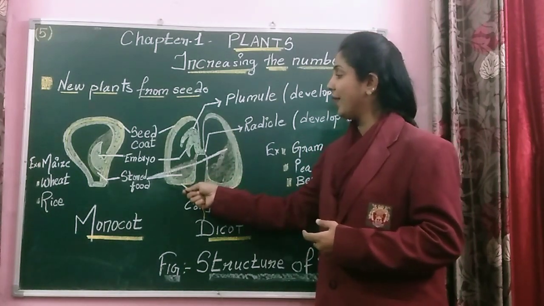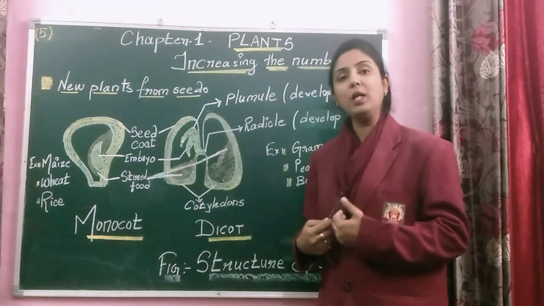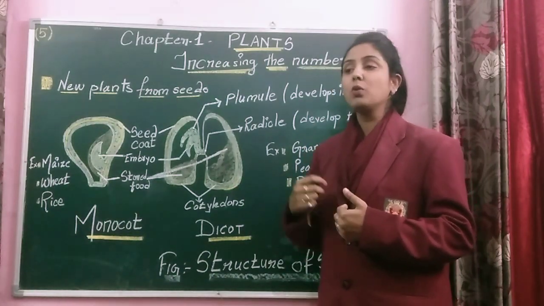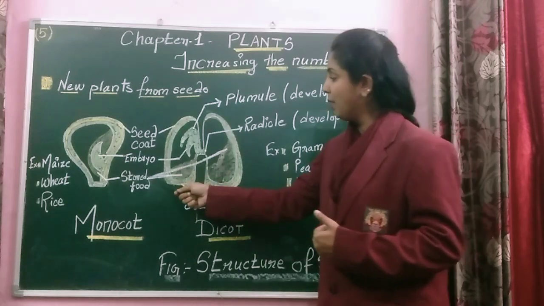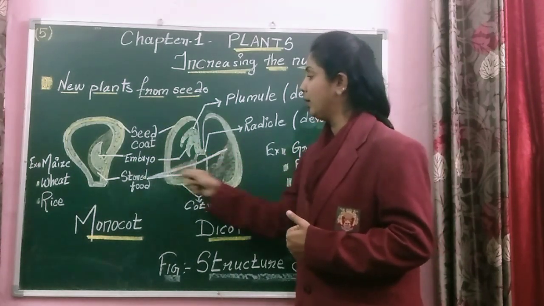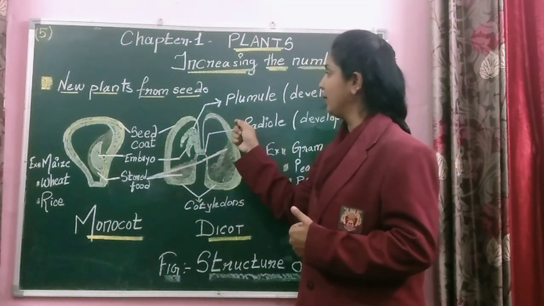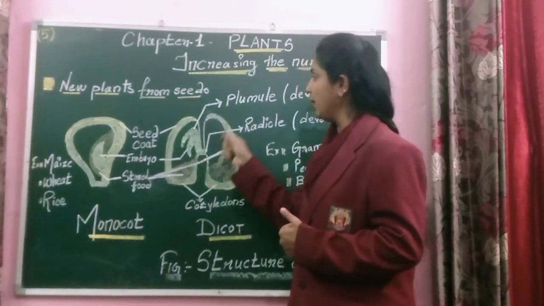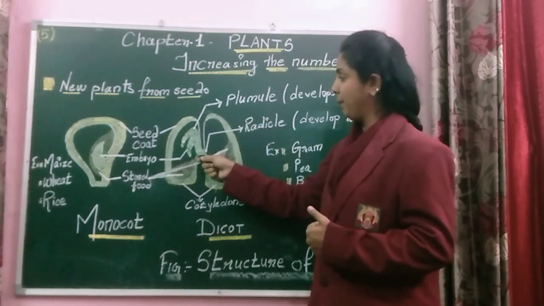So they should get food, because when we are babies, our mother and father provide food to us. That food is stored here in the cotyledon part. Until it converts into a whole plant, the cotyledons will provide food to the baby plant.